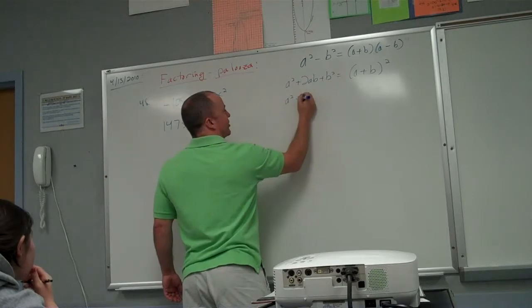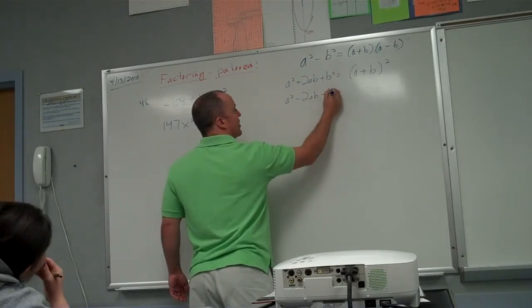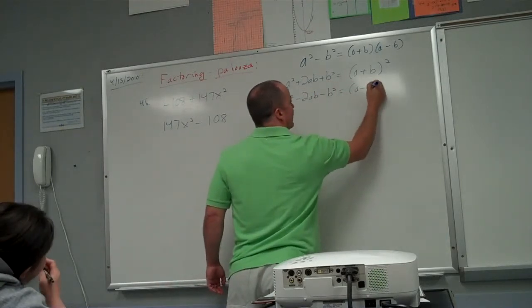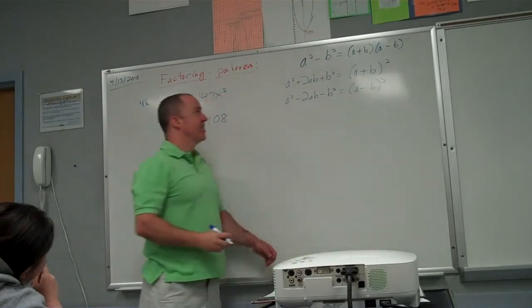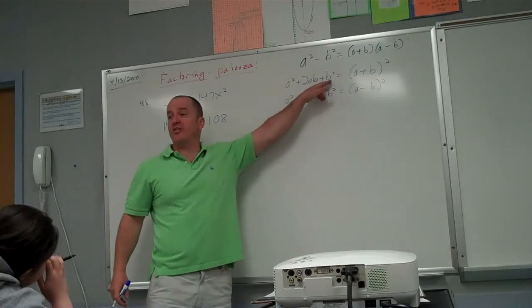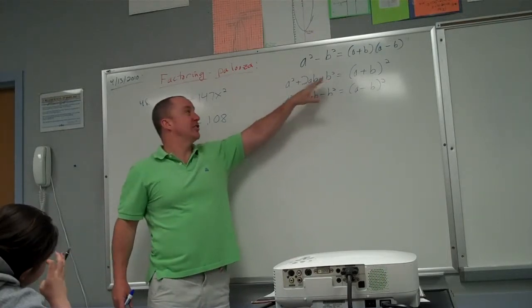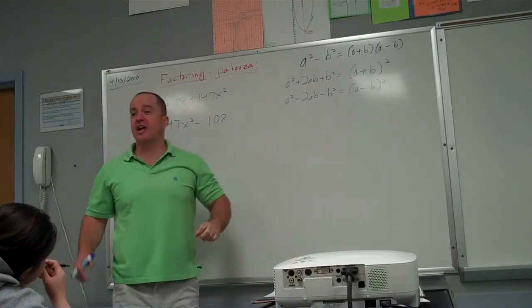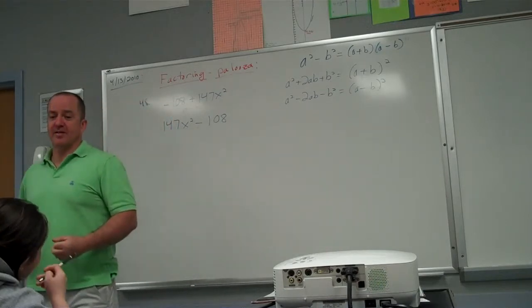And the other one, I'll write it as three patterns. A squared minus 2ab plus b squared is a minus b squared. This is the one I talked about yesterday where you had double and squared at the end. So these are the three patterns I was trying to get you guys to know yesterday.